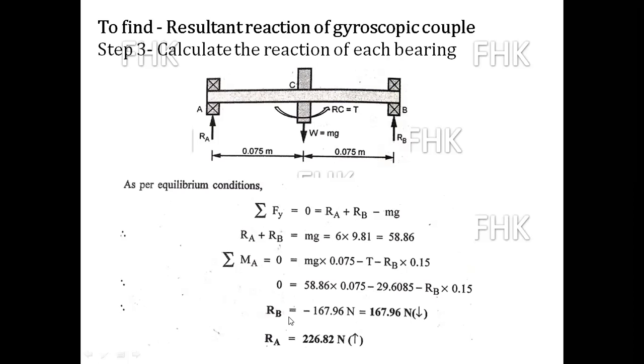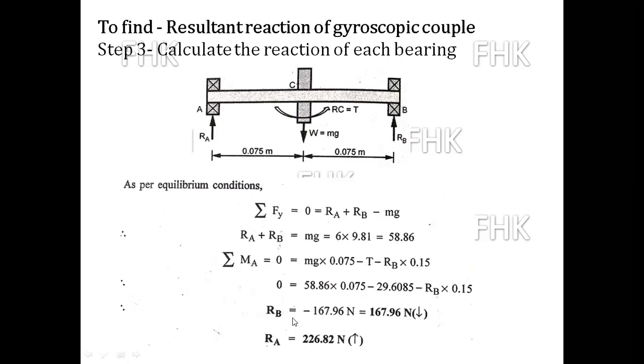And putting the value of Rb in this equation, we know Rb now. We have to find out Ra, and the value of mg we have already found out. After solving this equation, putting the value of Rb in it, the value of Ra comes out as 226.82 Newton. As it is a positive value, the direction of the reaction force is upward.